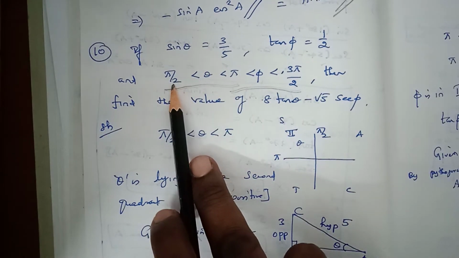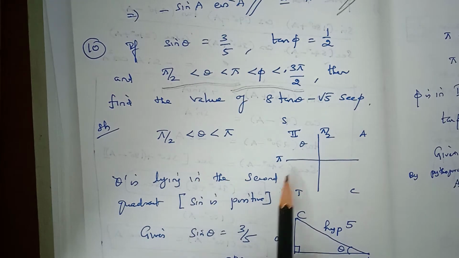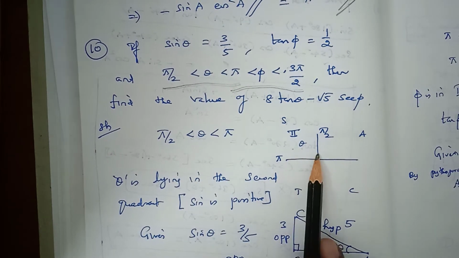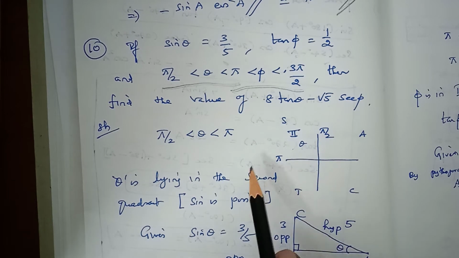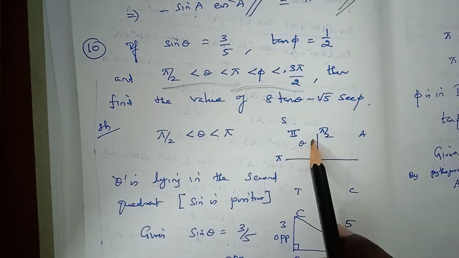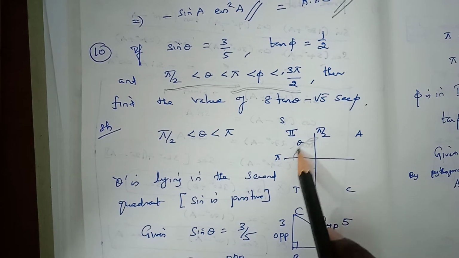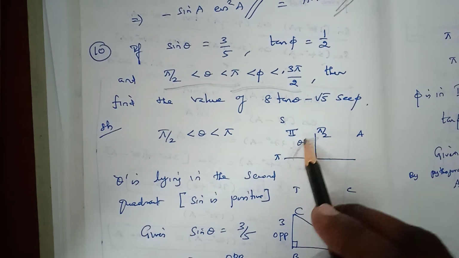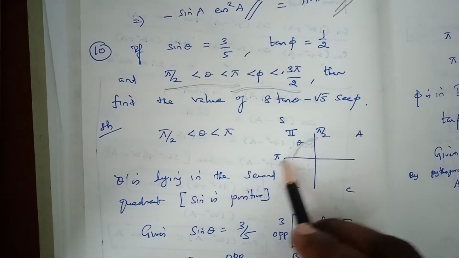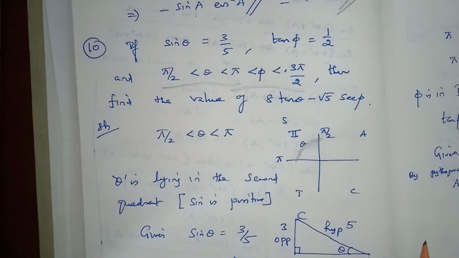Theta lies between pi by 2 and pi. Pi by 2 to pi means this angle, 90 to 180 degrees, which is the second quadrant.